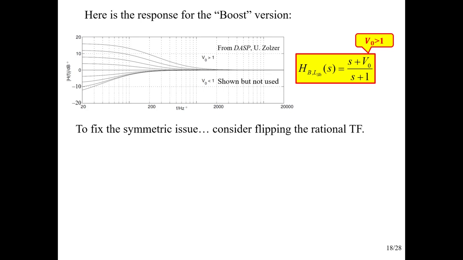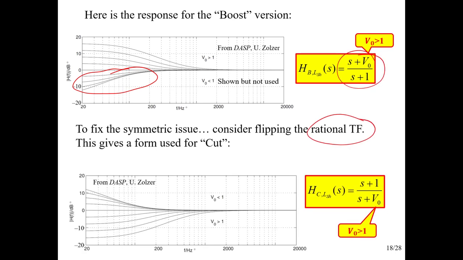So here's how we're going to fix this issue, the fact that we don't really get a cut as we would want it to be. We're going to flip this transfer function. If we flip this around, let's take a look at what we get. Now we have this transfer function, and notice that I'm labeling this B and this C. So this is the boost version of the low shelf and the cut version of the low shelf.